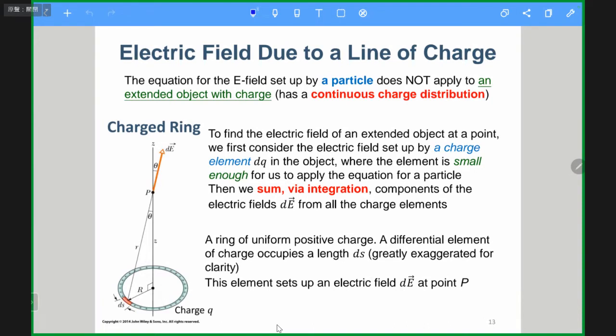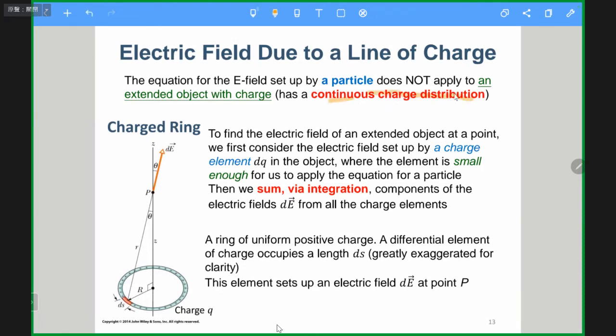We need to separate it into small packets and then add them together using the Riemann sum. So it ends up to be an integration. Here it says the equation for the E field set up by a particle does not apply to an extended object with charge, which means it has a continuous charge distribution.